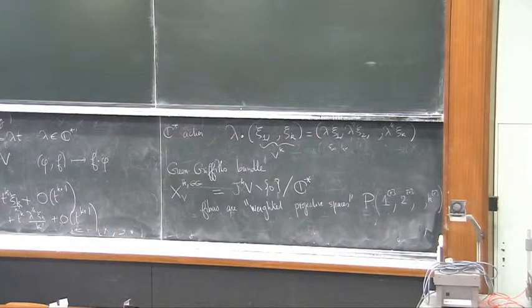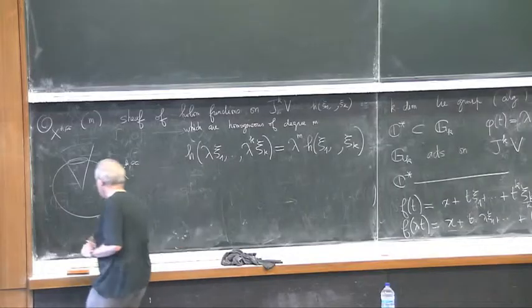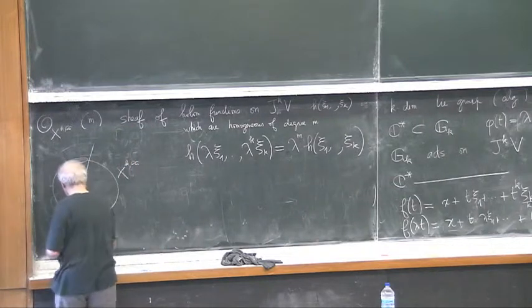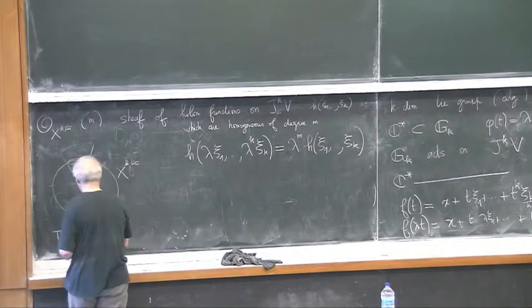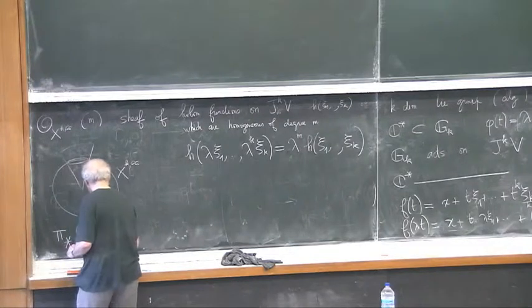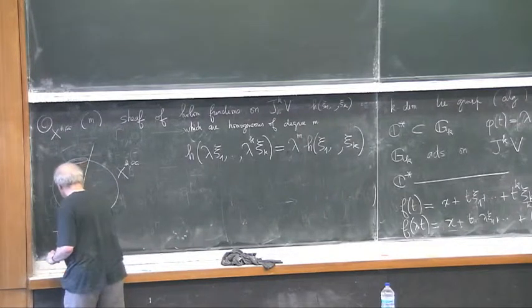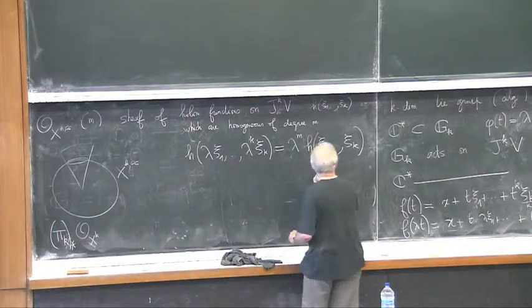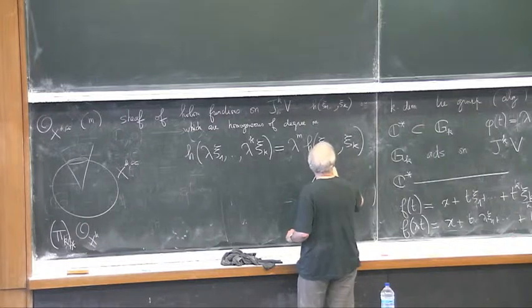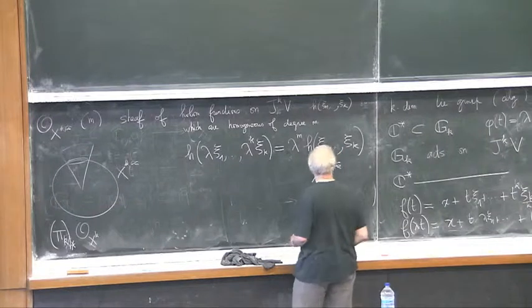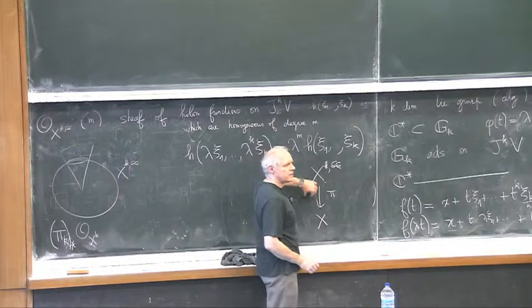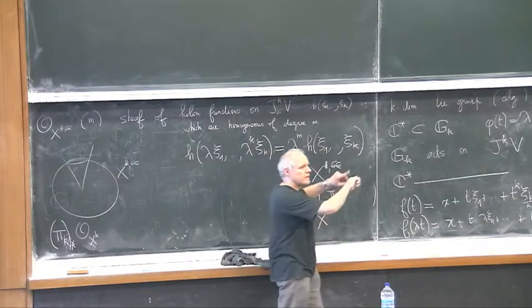So as a consequence, what do you get as the direct image? So if you look at the direct image of this sheaf by the projection, so you have the projection, of course, from the jet bundle to X, means now you are looking at the inverse image of open sets here, so you are considering the whole fibers.